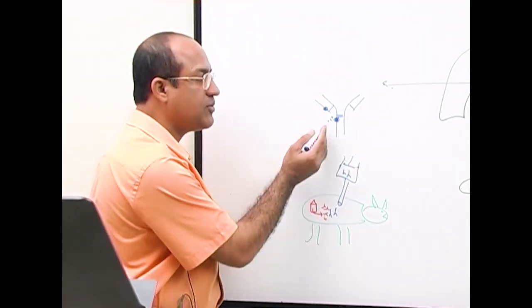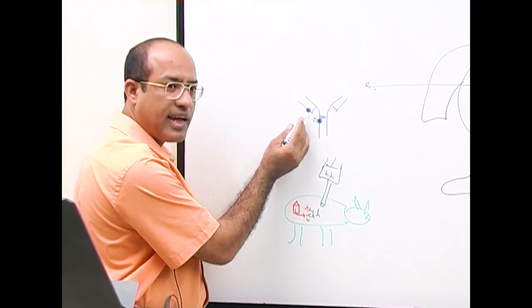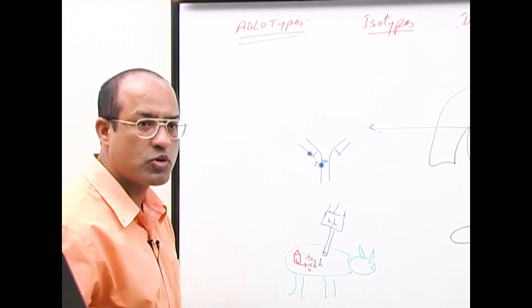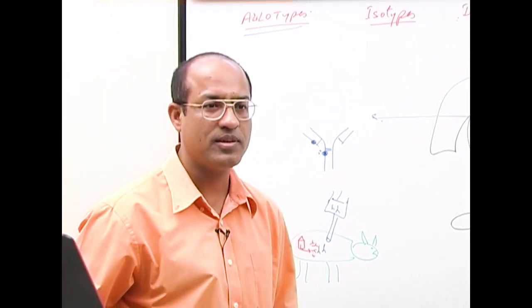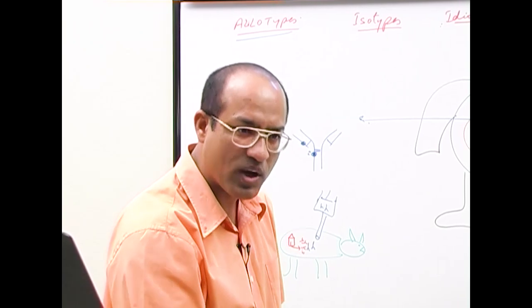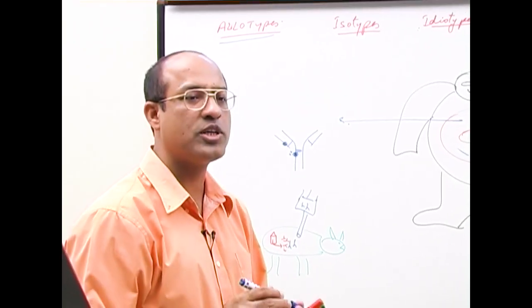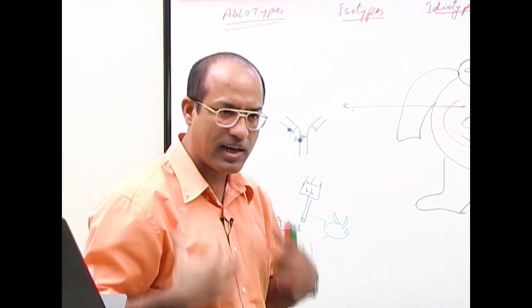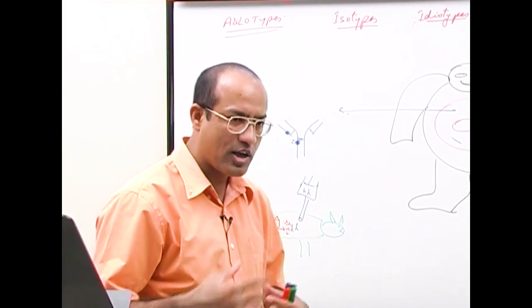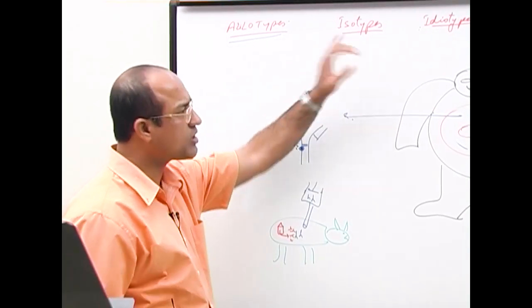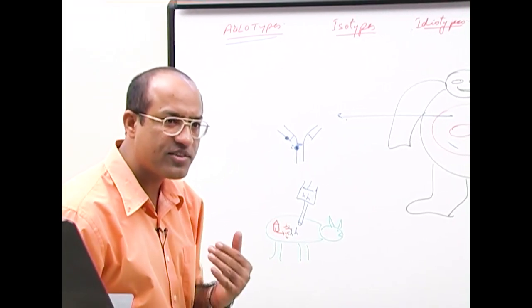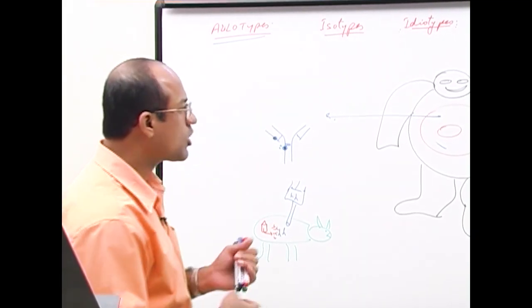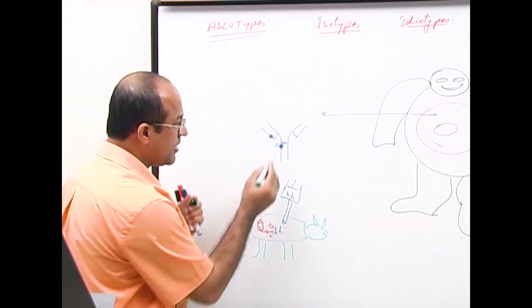So if we classify human antibodies according to this antigenic determinant, we say we are doing allotyping. So I have one allotype and you have one allotype. So all the antibodies which are present in one person, that is determining one allotype. Is that right? Opposite to that, isotype means the differences in antibodies in the same person due to heavy chains. You know the constant of the heavy chain.